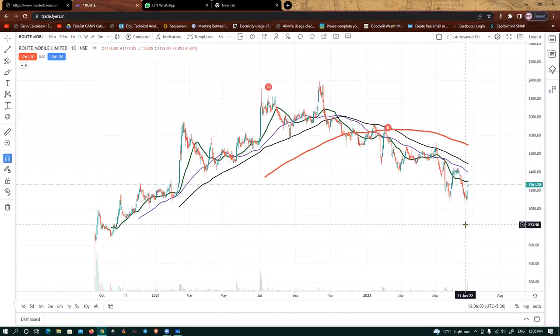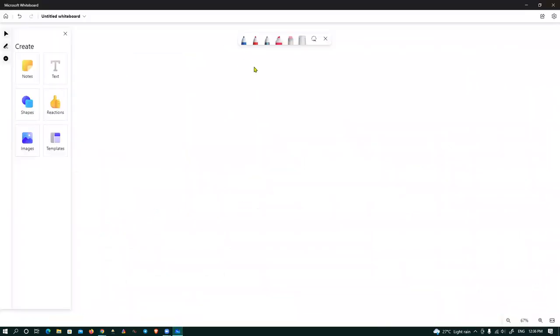So we have given four indicators: 20 days, 50 days, 100 days, 150 and 200 days. If the price is falling below all the moving averages, then it will be a bearish market, and we should wait till it breaks those indicators.